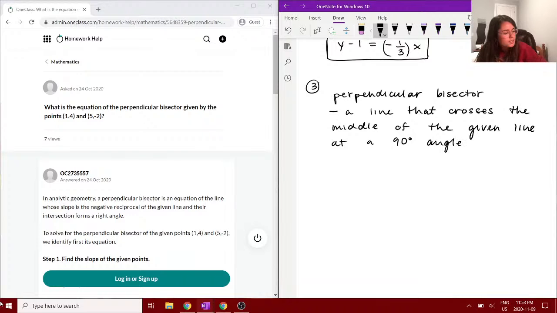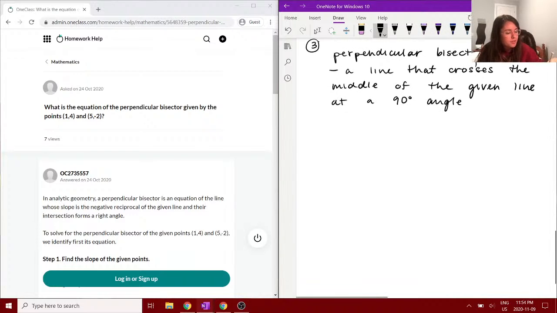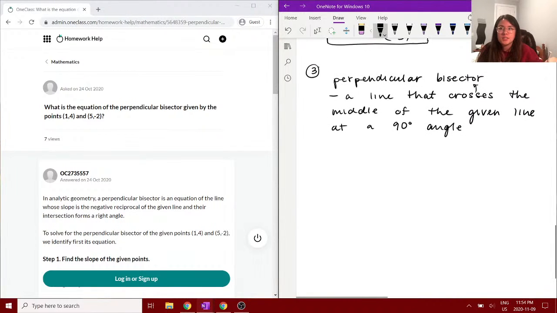So crosses, same as saying bisecting. A 90-degree angle is equivalent to saying perpendicular, right? So that's what perpendicular bisector is.